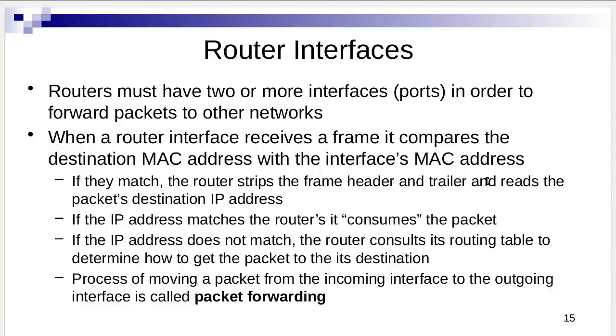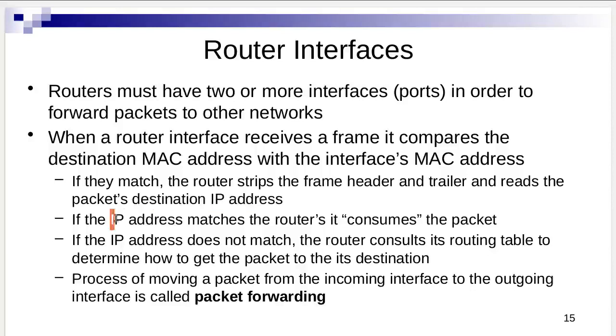You look at the packet inside the frame, and then you look at the destination IP address. This destination IP address is the thing that tells the router where to send that packet inside that frame that just came in. So there are a number of possibilities. The easiest possibility is that someone is trying to contact the router directly through the interface.